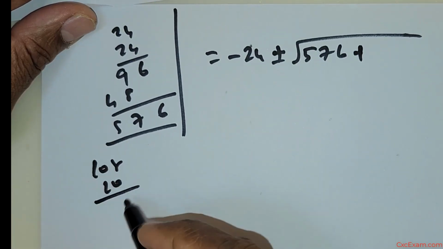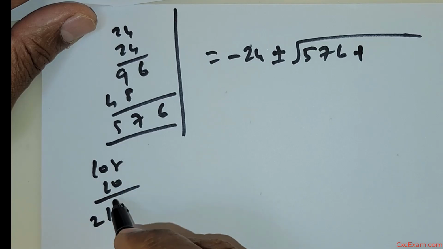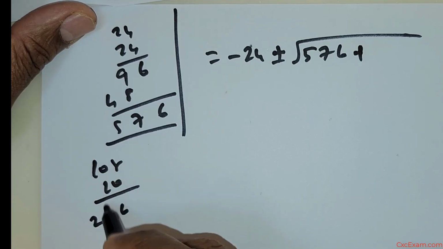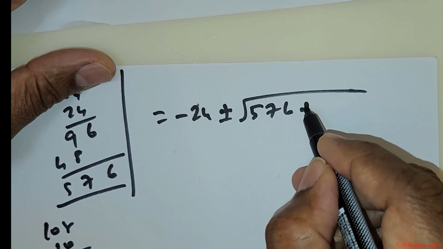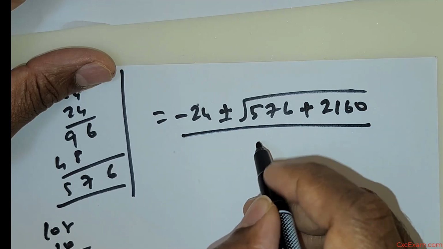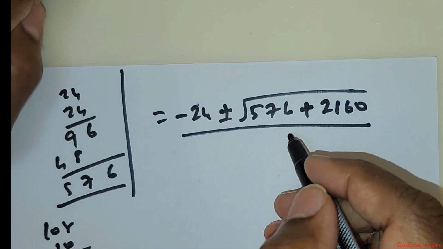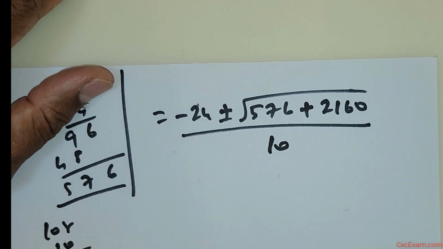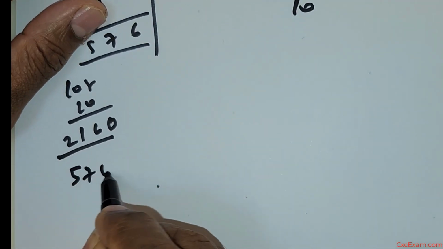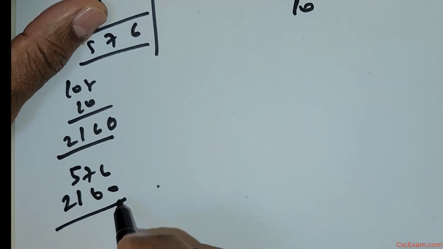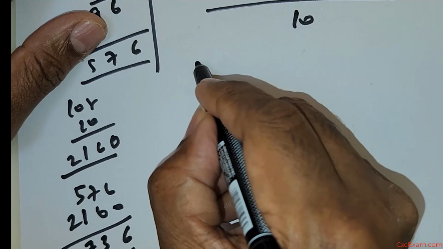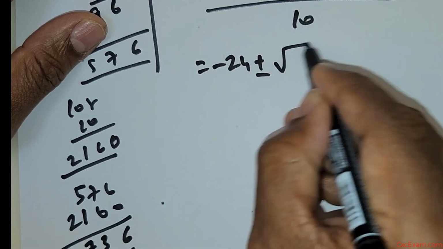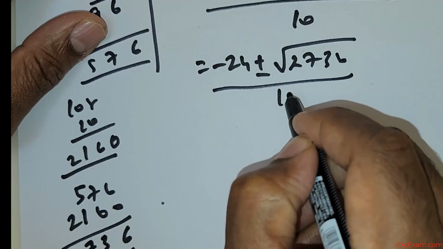So 108 multiplied with 20 gives 2160, divided by 2 fives are 10 here. Okay, so this is what you got. Now you can add 576 and 2160, you get 2736. So this is negative 24 plus or minus root of 2736 divided by 10.